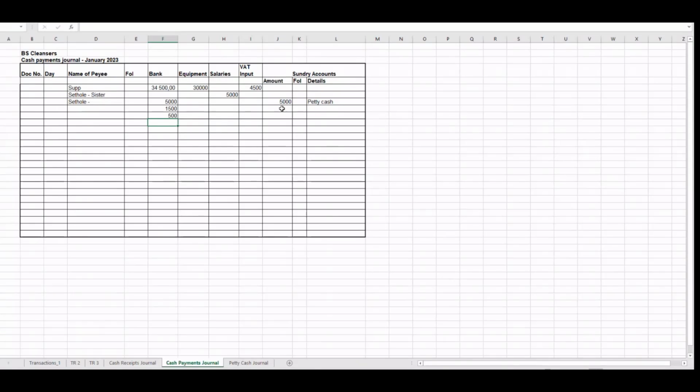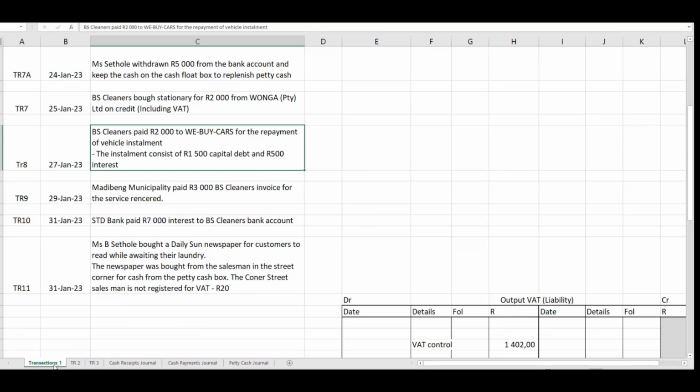And therefore the 1,500 is for the trade payables, and the 500 rands is for the interest. That is correct.